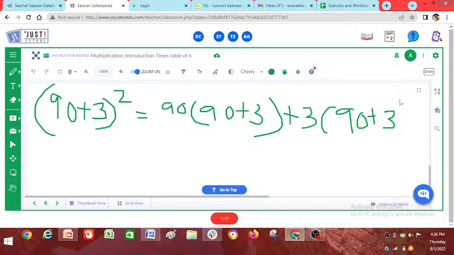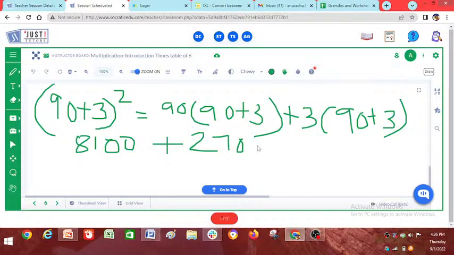So we know 90 times 90 is how much? See, 9 times 9 is 81, and we have 2 hundreds. So we can write 8100, and then plus 90 times 3. So we know 3 times 9 is 27, so it will be 270. And now we know 3 times 90 is again 270, so we will write the same number.